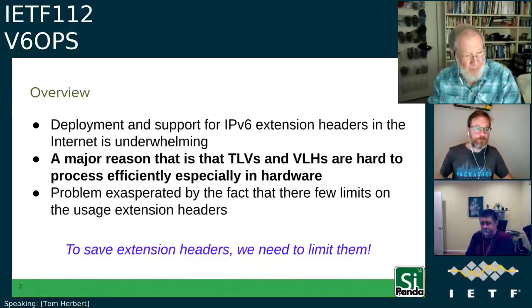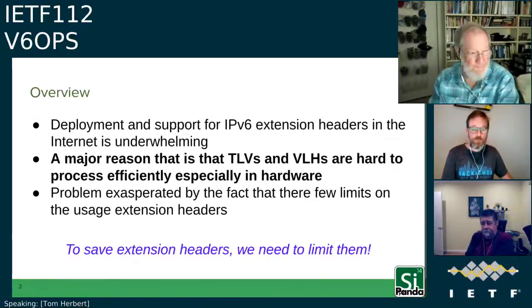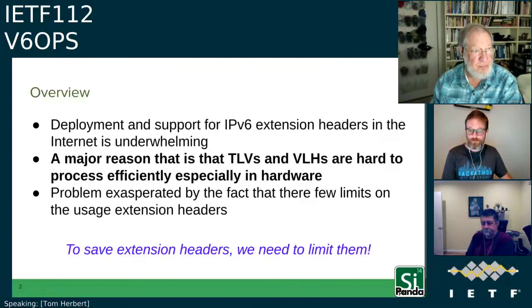So you could actually put like 300 or 400 unknown hop-by-hop options in a single packet. And obviously, if a router or even an end host tries to process that, it's going to take a long time. And clearly, the only purpose of putting 300 options in a single packet is denial of service. So I believe we need to limit them. And, considering the last talk, this is a little more general limits.